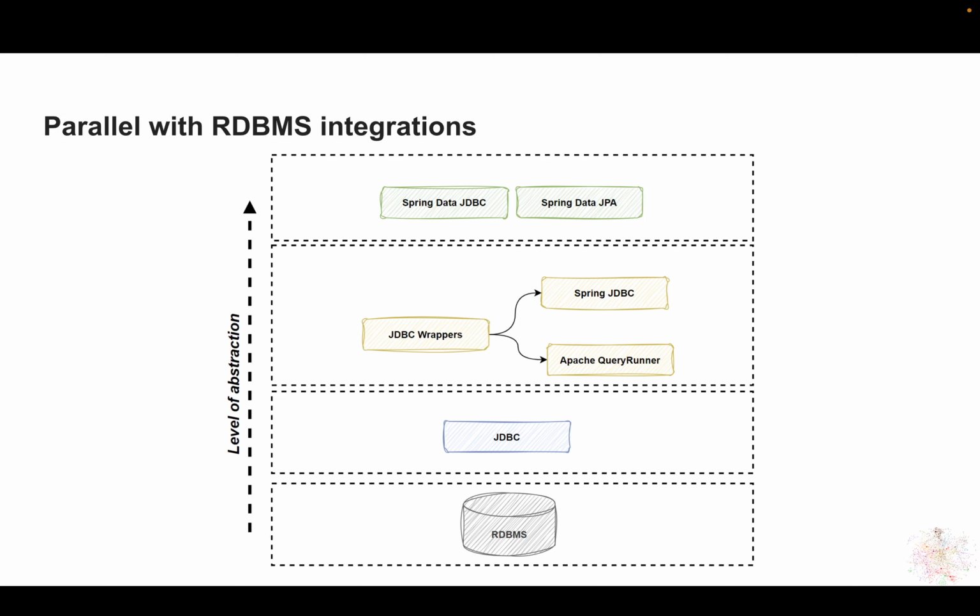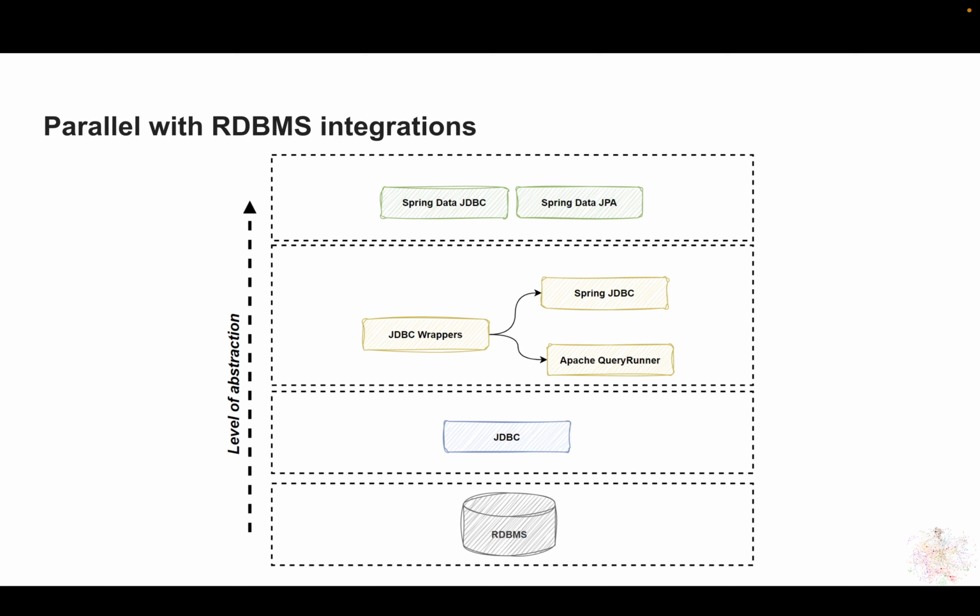A slightly higher level is the JDBC driver, where we have connections, statements, and result sets that we need to go through, parse all the needed information from there, create our pages, whatever. The higher level of abstraction is JDBC wrappers, such as Spring JDBC or Apache Query Runner, and they already cover some behavior for us.